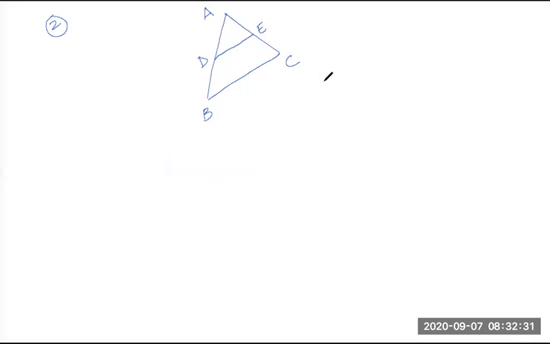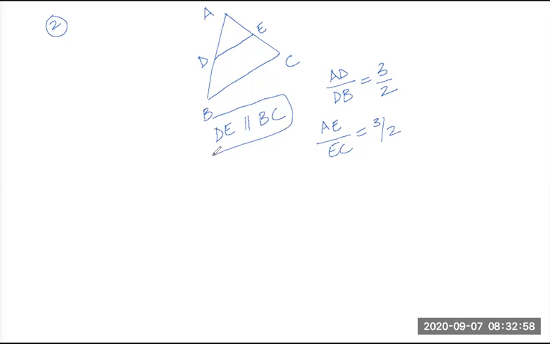That the ratio AD by DB is equal to, let's say, 3 by 2, and AE by EC is also given 3 by 2. Then we know that if these ratios are the same, then we can say DE is parallel to BC.